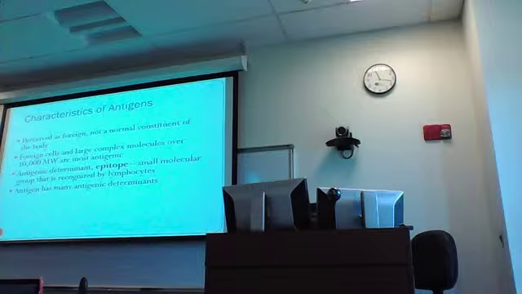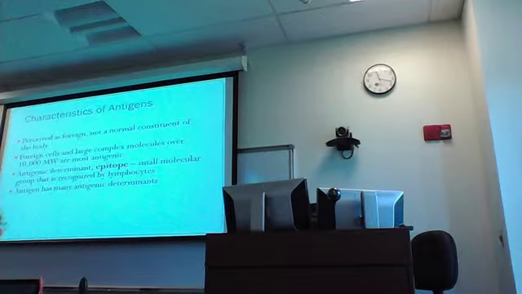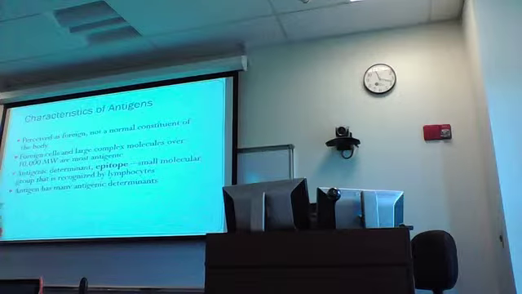So, if you're trying to create a vaccine against a dangerous human disease, you want to make sure that you don't create a vaccine that has components with a molecular weight of 5,000.